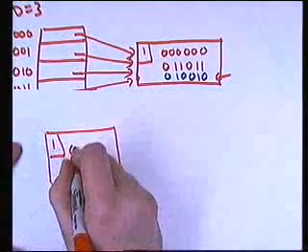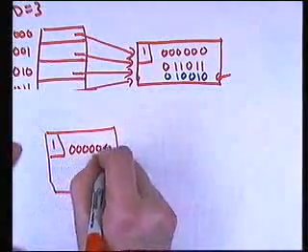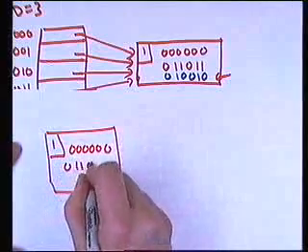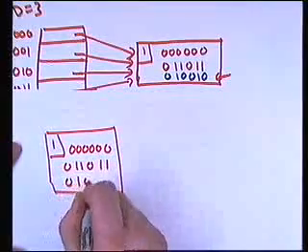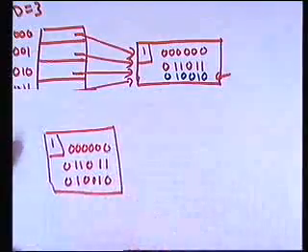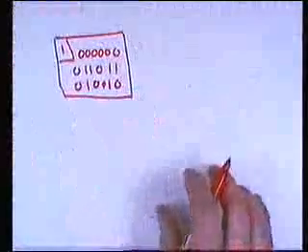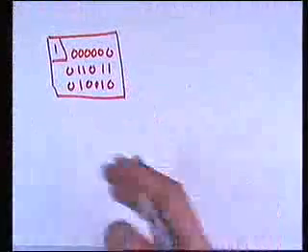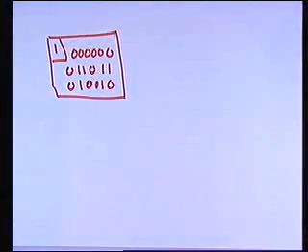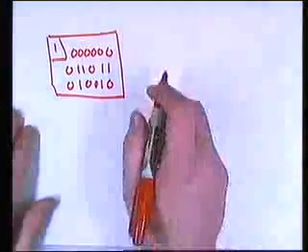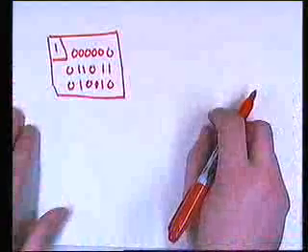So we've got here 1, and we have here 000000, 011011, and 010010. No reason the first three bits have to be the same as the last. That just happens to be some of the strings I made up. So it seems as if there's a duplicating pattern here for some of these.